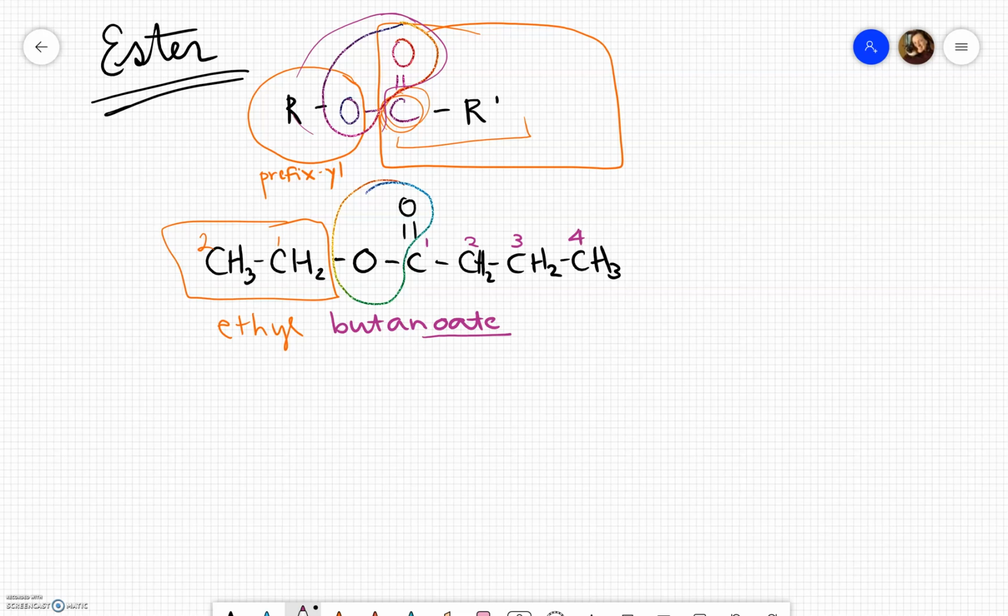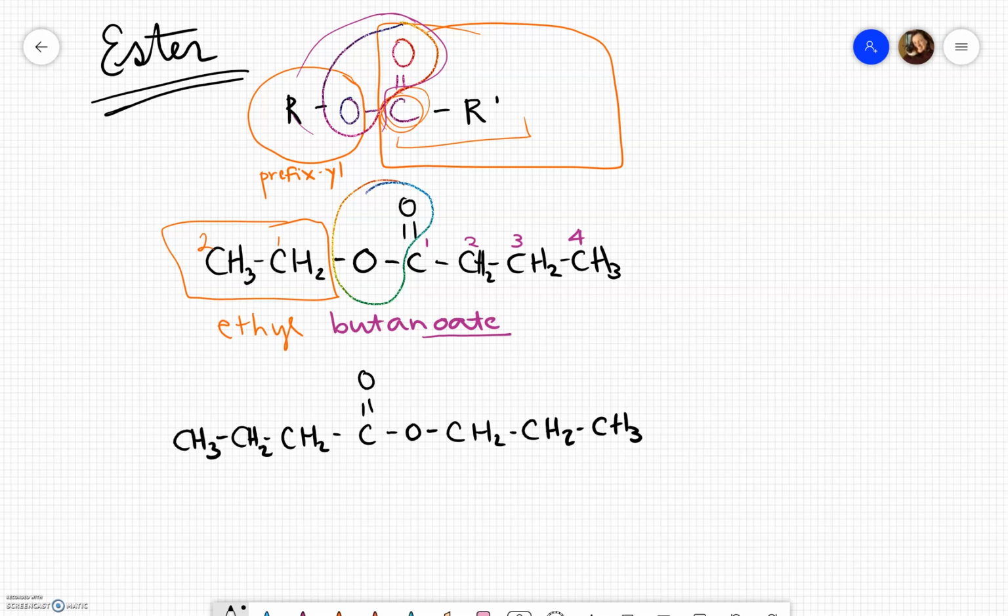And it might be flipped, so we might see one like this, and we see that the O double bond O is flipped this time.